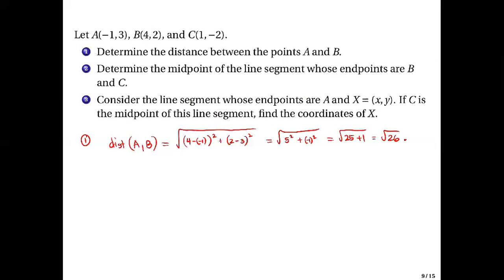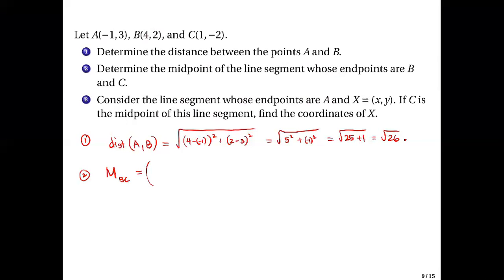Okay? For number 2, we want to find the midpoint of the line segment with endpoints B and C. So for this, the midpoint, all we need to do is to, again, use our formula. X coordinates, you add them, divided by 2. The y coordinates, you add them, divided by 2.